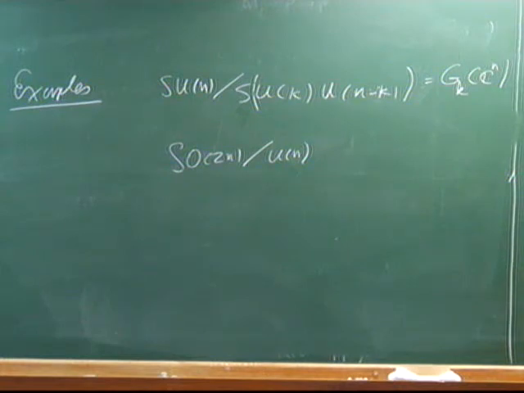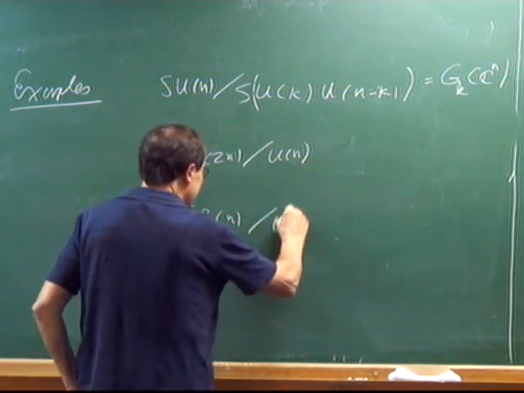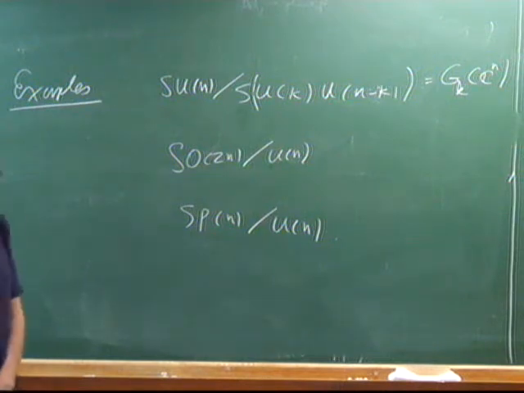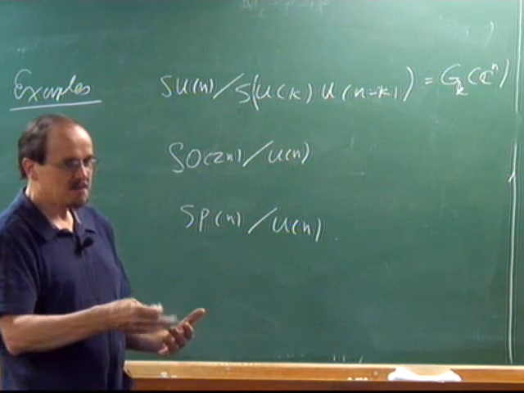Another one? Some caution with SPN. Yes, SPN mod UN. I forget right now. What was it again? Some kind of quaternionic structure. I think it's a structure on Cn, like multiplication by J, right?